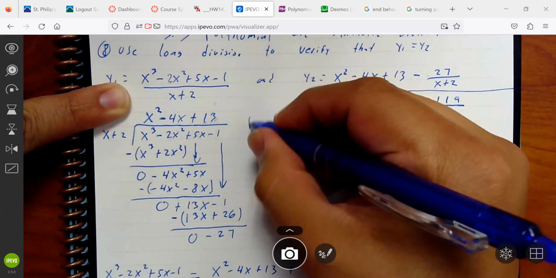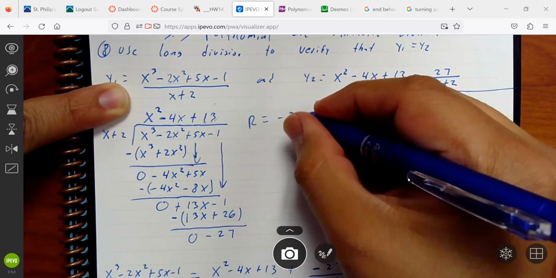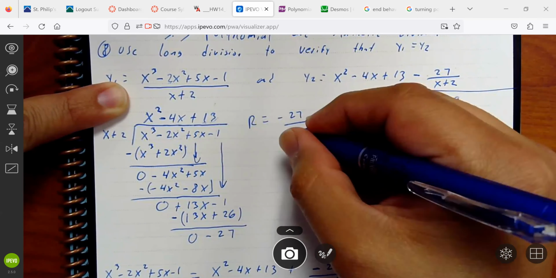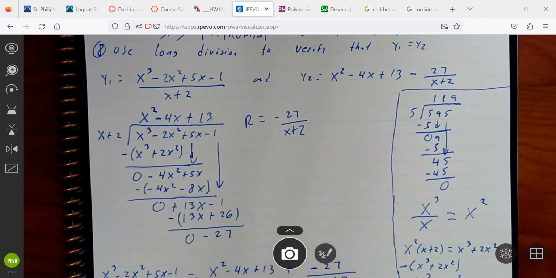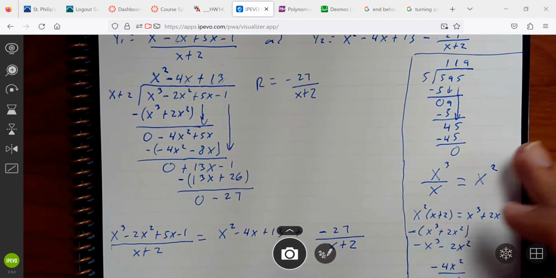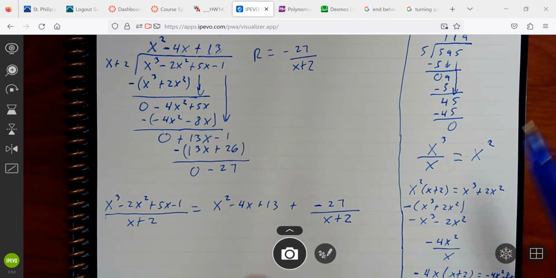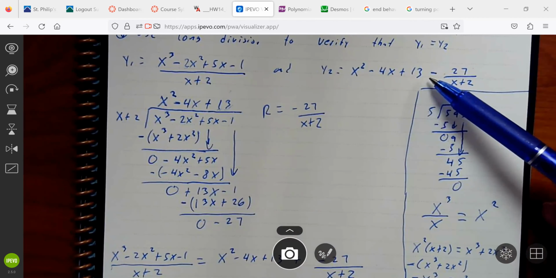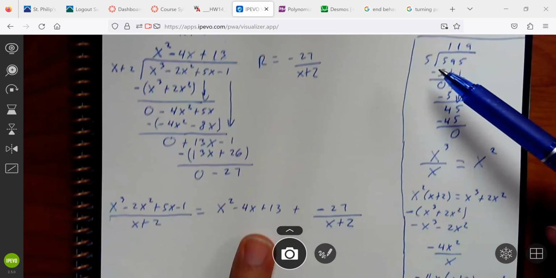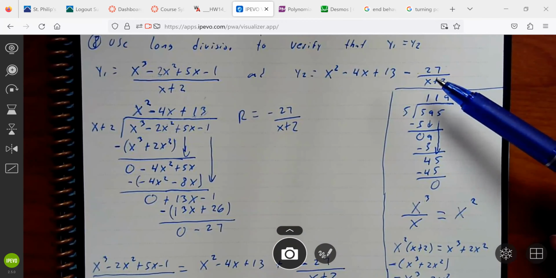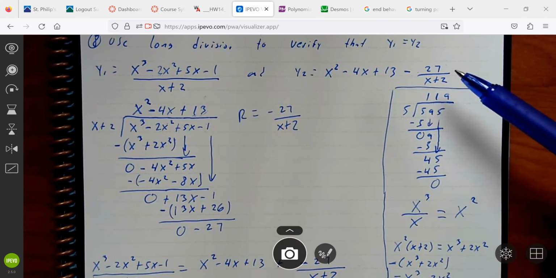So remainder is a negative 27. But you always write it as over the divisor, right? So is this in fact the other form? Yes. Okay.